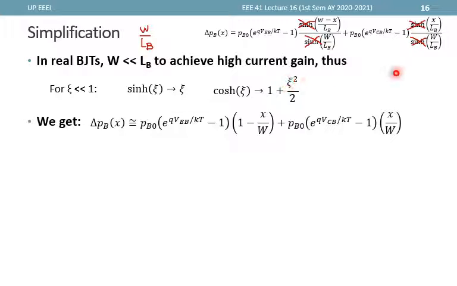Now, in this case, since we're left with this one, LB actually cancels out. And also in this first term here. So that's why we end up with this term.